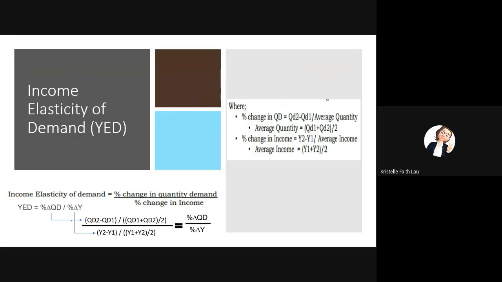So, to get the income elasticity of demand, we have to calculate the percentage change in quantity demand over the percentage change in income of the consumers.